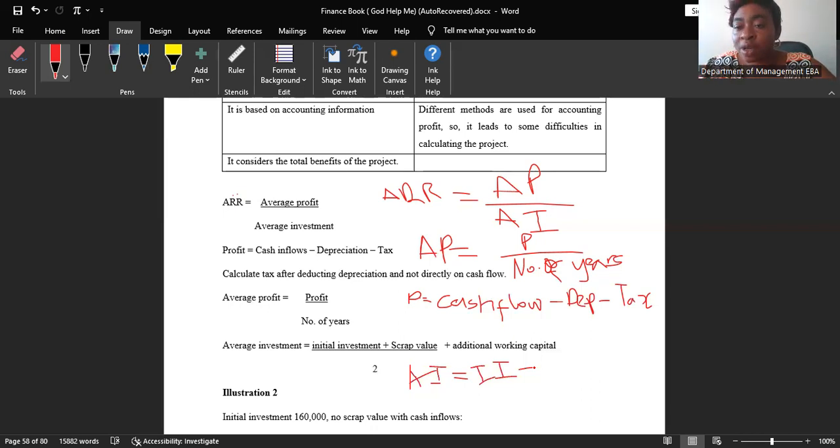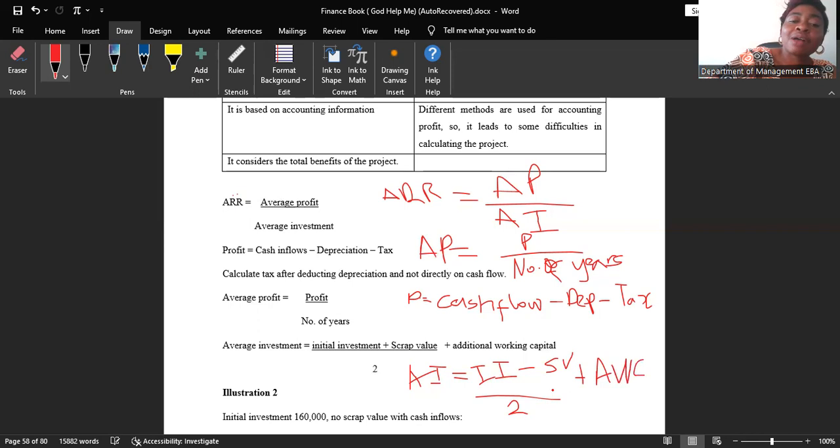Then plus additional capital. If you make additional expenses on it, you bring in additional working capital. So now we know how to get our average profit, and we know how to get our average investment.